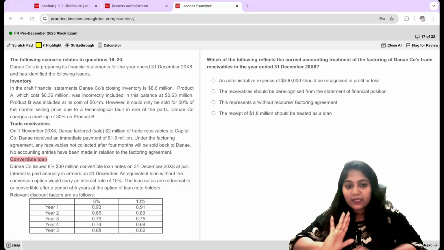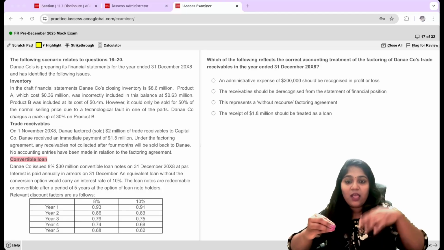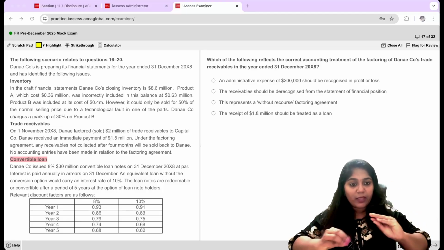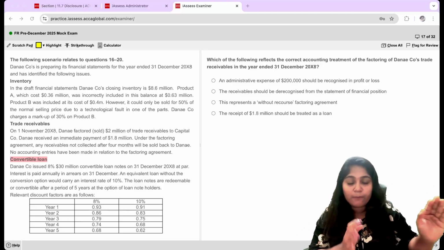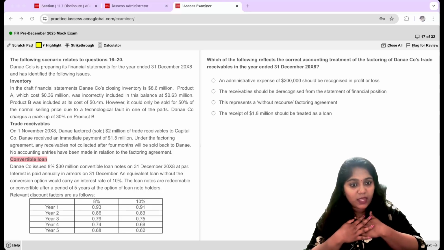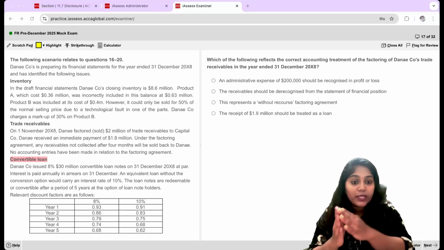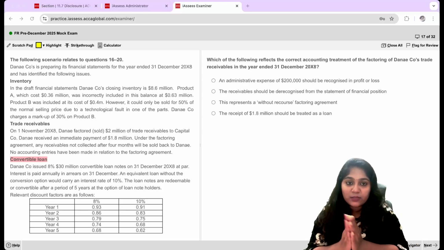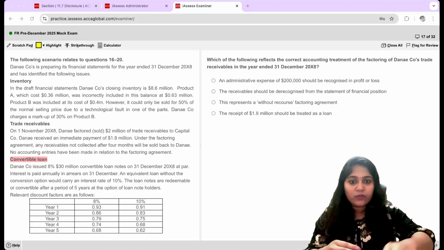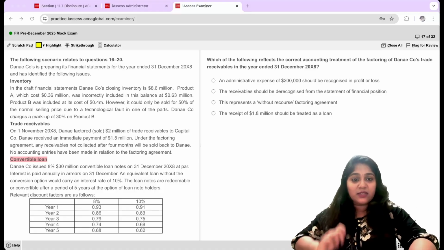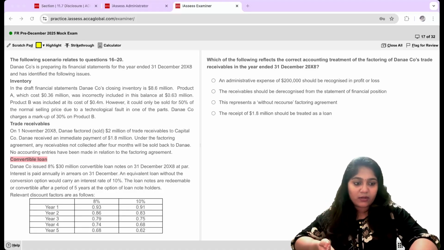This is not at all a sale. I will get it back if those people are not going to pay. They will sell it back to me. I'm the one who should collect it. So I don't treat it as my sale. I treat it as a loan. The only thing I can see is that the receipt of 1.8 million should be treated as a loan. Now, why does this not represent a without-recourse factoring agreement?